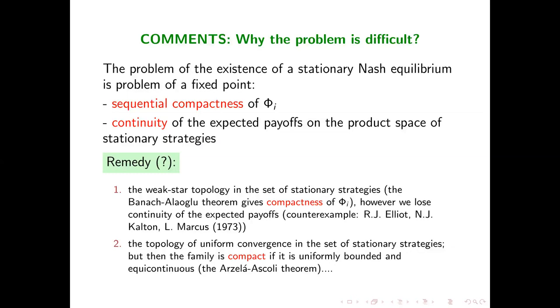Then we know that the family is compact, since it's uniformly bounded and equicontinuous. However, the problem with such games is often that, for instance, when we consider Lipschitz continuous functions with Lipschitz constant 1, it may turn out that the best response of other players is a Lipschitz continuous function, but with constant 2, and so on.